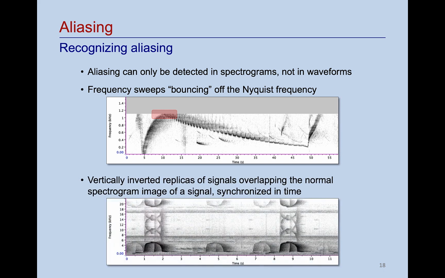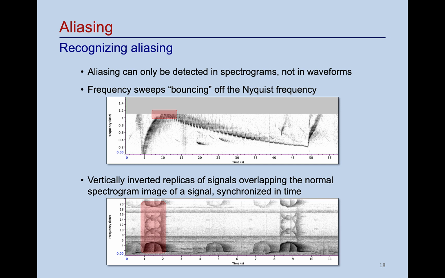The second common way that aliasing appears in spectrograms is as vertically inverted replicas or duplicates of a signal overlapping the original spectrogram image and synchronized in time. These are calls of a tropical bird called a screaming piha.